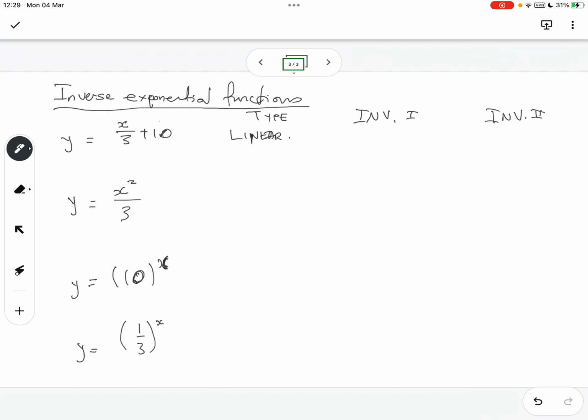Remember, with exponential, it's a base that is a numeric and then it's raised to a power. Yes, the base is raised to an unknown power, but the base is a number, like a natural number. Okay, so could it be a quadratic? What would make it quadratic? I don't know.